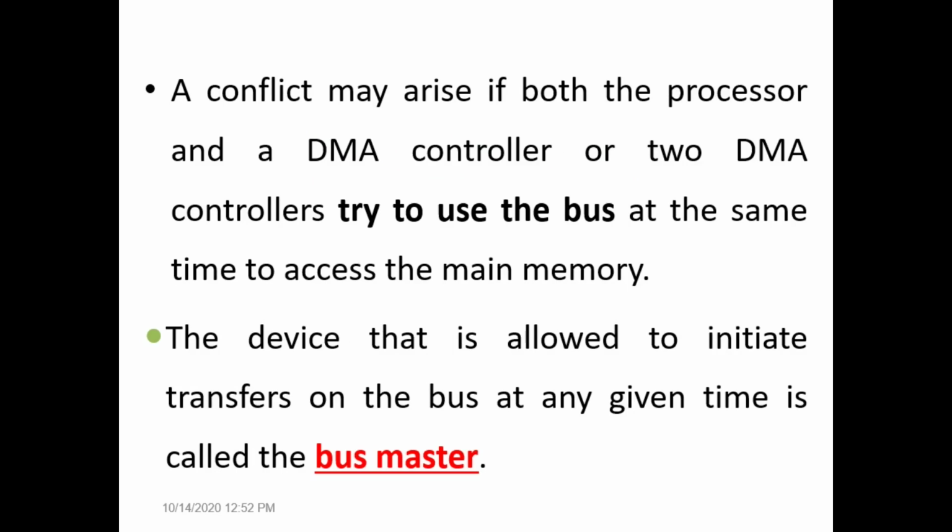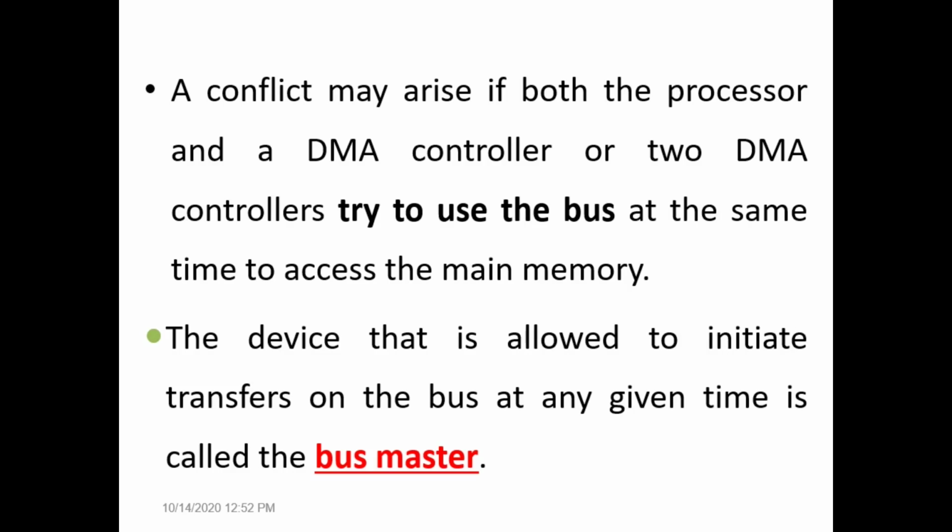As we know, the processor requires the data bus to transfer data between processor and memory in order to execute instructions. Similarly, the DMA controllers of various input-output devices require the bus to transfer large amounts of data between the IO device and memory.